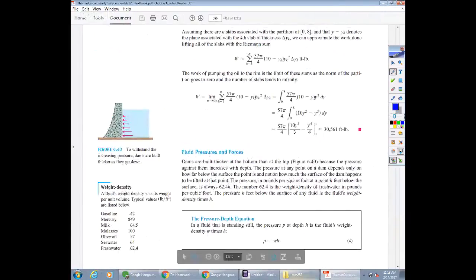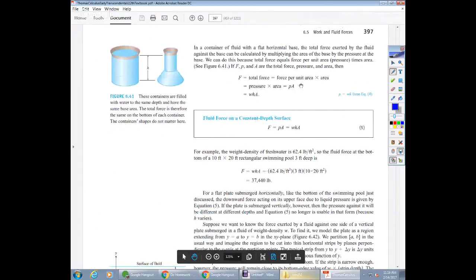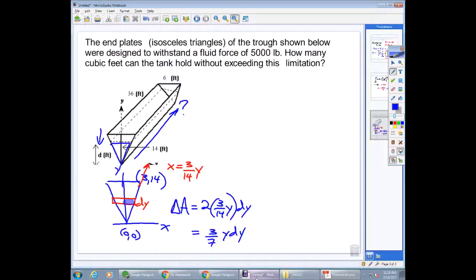So we're doing the fluid pressure stuff. So the pressure at a depth is just going to be the weight times the depth. And then the force is the pressure times the area. So altogether, what we need to consider is the weight density of water, the depth, and the area. So for a chunk of force, we need the weight density of the liquid, the depth, and that area. So weight density of water is the 62.4.